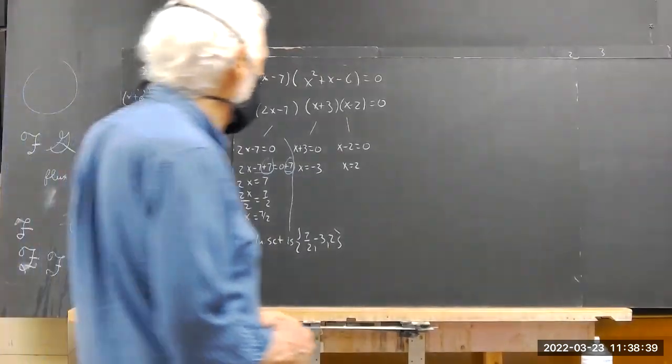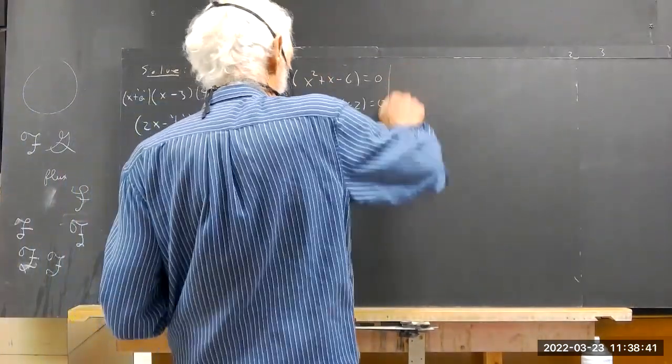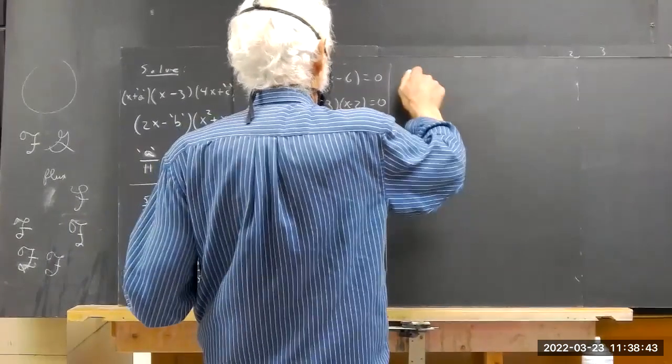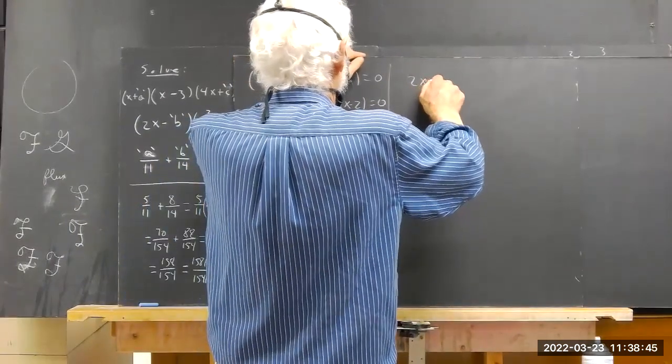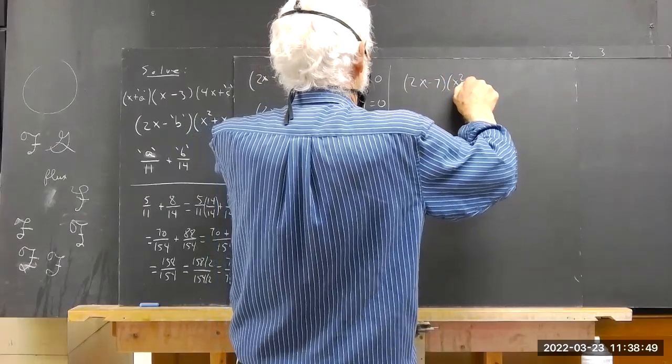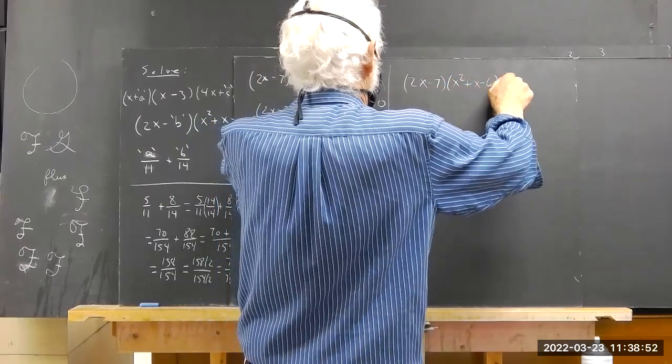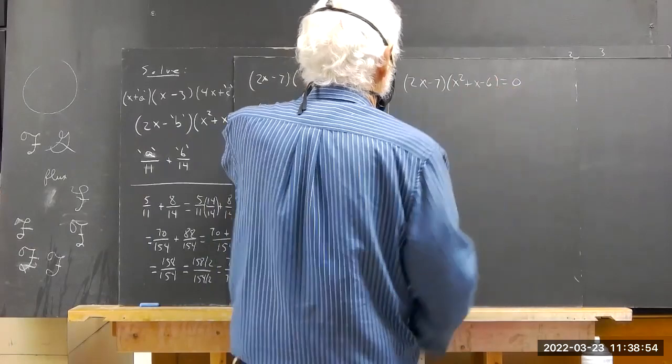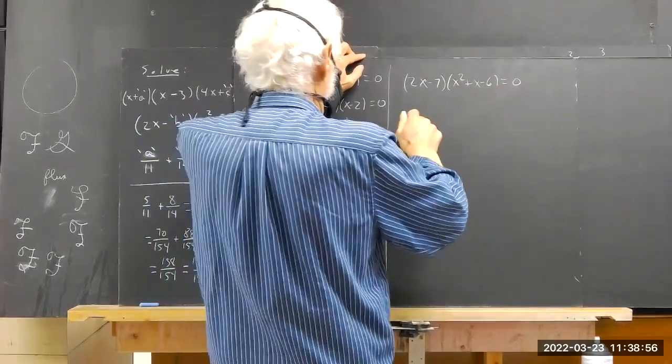Okay, so the other way we could solve this equation. We have 2x minus 7 times x squared plus x minus 6 equals 0.